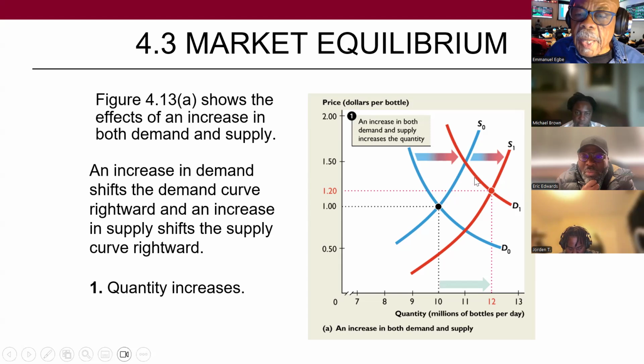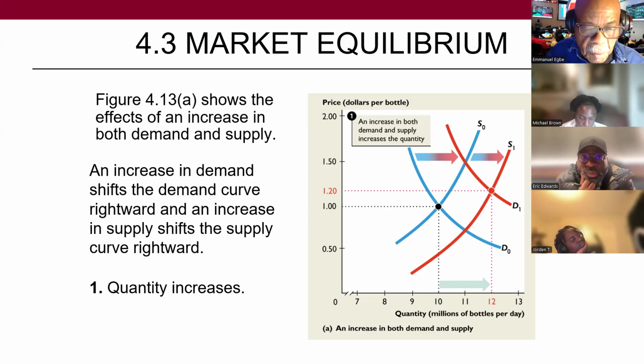Now, suppose that instead of the supply curve shifting to the right, you had the supply curve shifting to the left instead, the equilibrium price would even be higher. You get the idea? So where the equilibrium price and quantity settle depend on the relative amounts of shift in supply and demand.